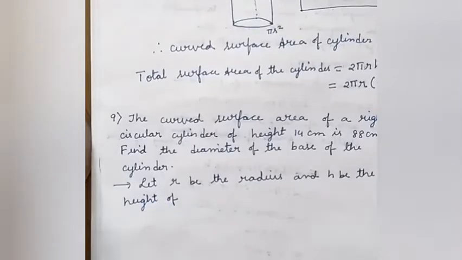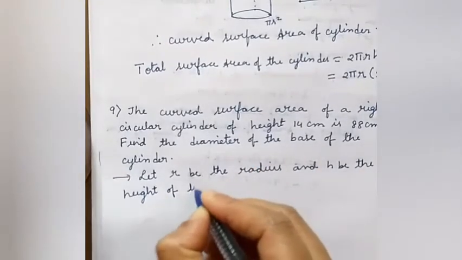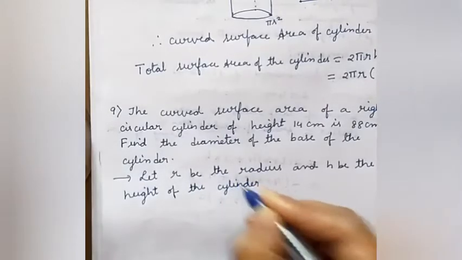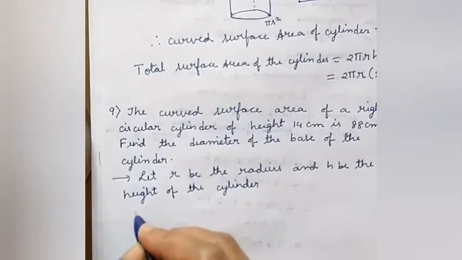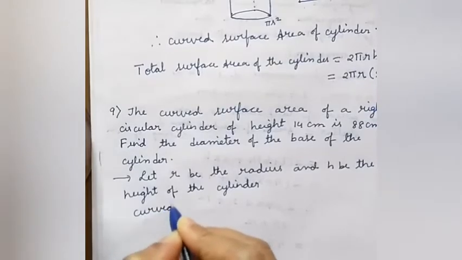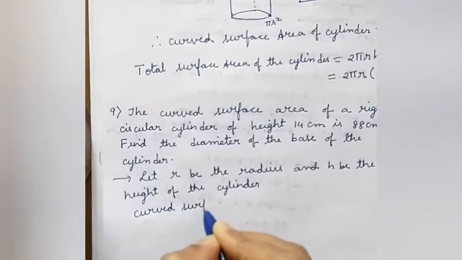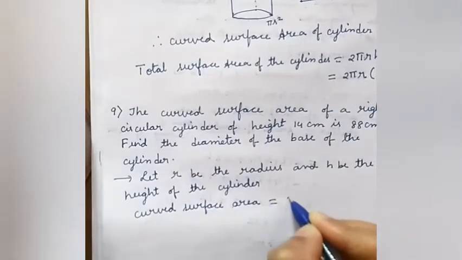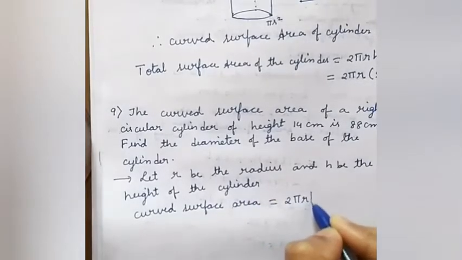Here when we are talking about the cylinder, it is the right circular cylinder. Then curved surface area, we know curved surface area is 2 pi r h.